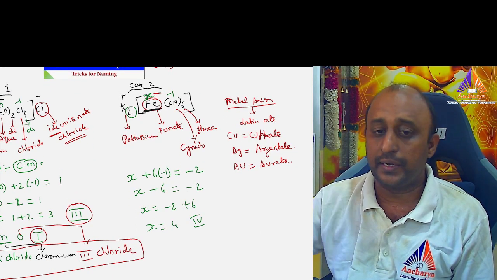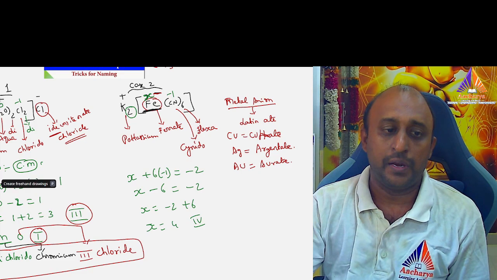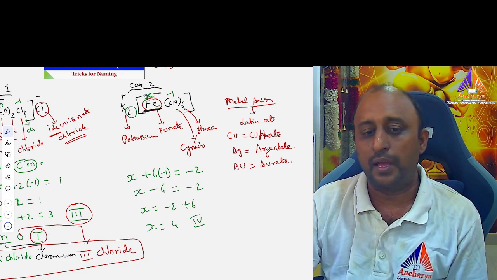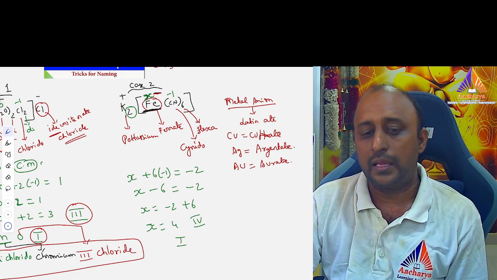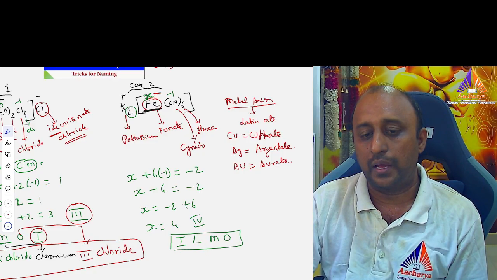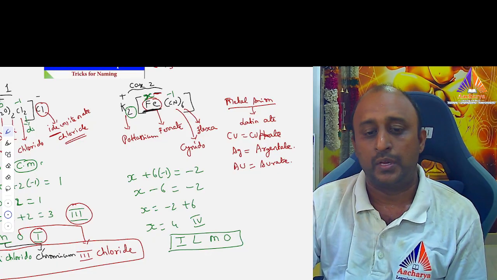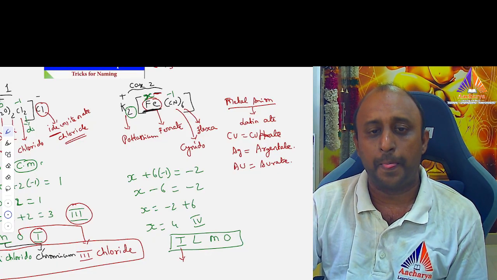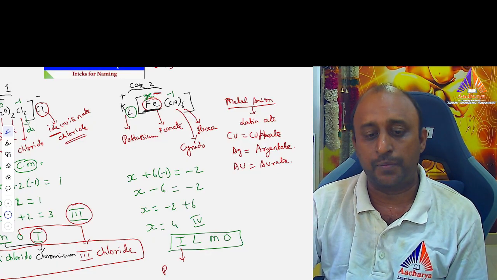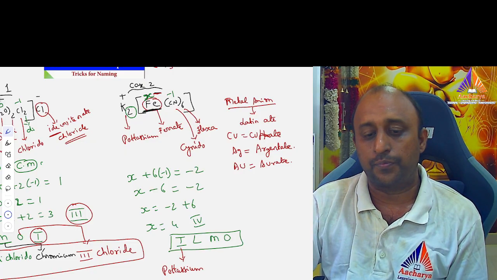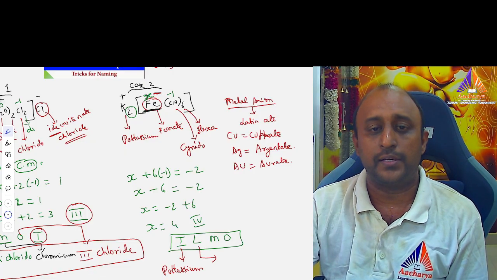But while writing the naming, the naming for this one will be ILMO, because the ionization sphere comes at the initial stage. I stands for potassium, that is called your ionization sphere. L stands for ligands. How many ligands?